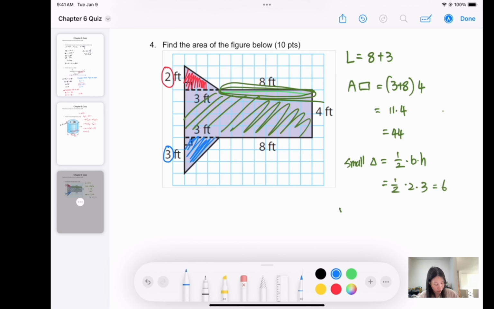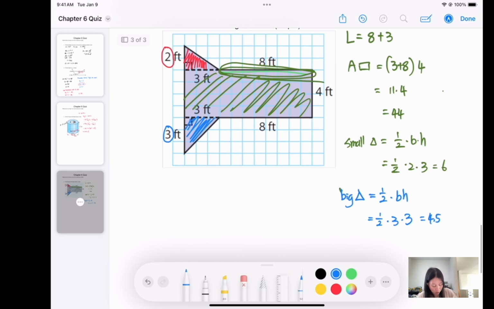The big triangle uses the same formula, but the base is 3 instead of 2. Then we add these together. So the total area of this figure is 44 plus 6 plus 4.5, which is 54.5 square feet. Don't forget about the units.